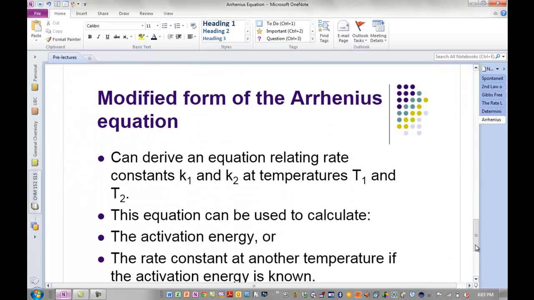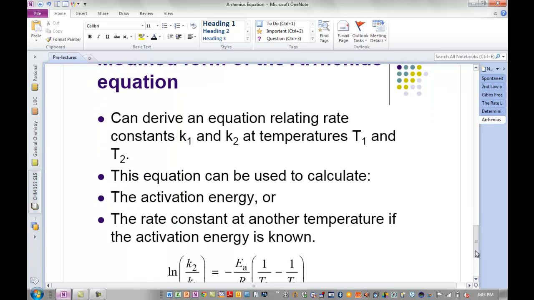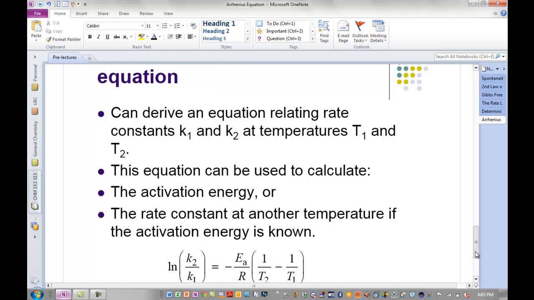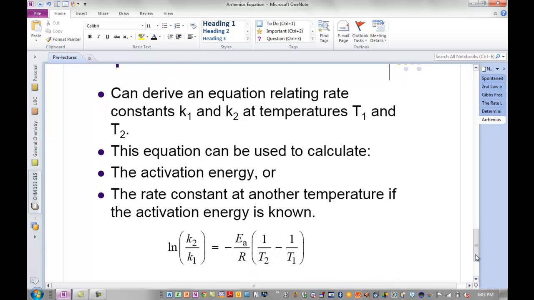And then there's another form of the equation that we will use. We'll use this one because, although we'll plot data, this is maybe a nicer equation in the sense that we only need 2 temperatures, 2 rate constants, and we can get the information that we need.